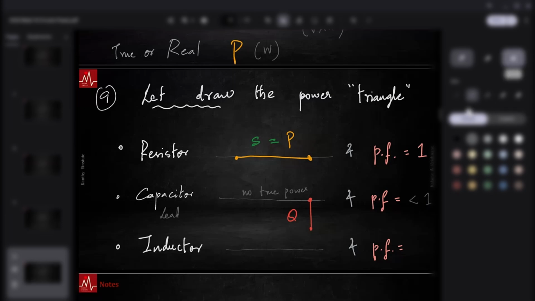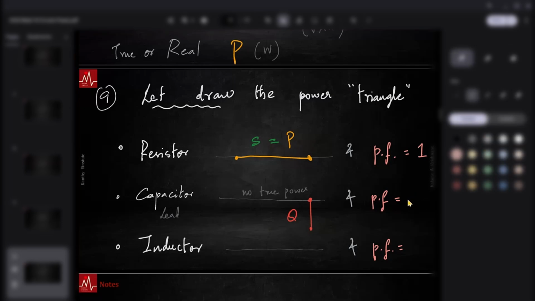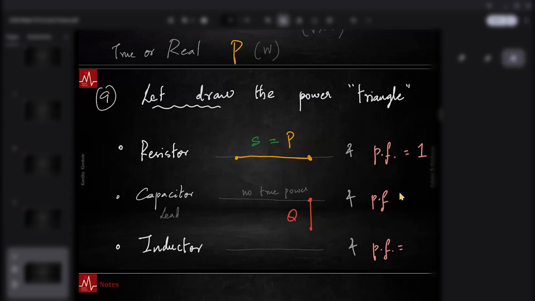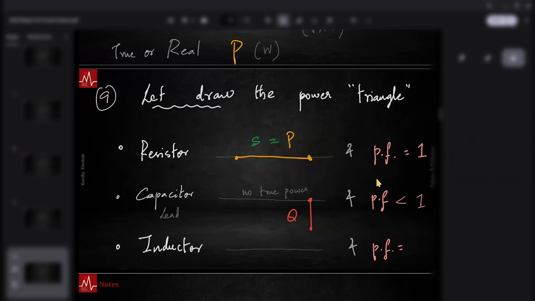Okay, this is leading power factor, but that is showing up downwards. Okay, in fact, for what I have drawn, the power factor technically is -1.